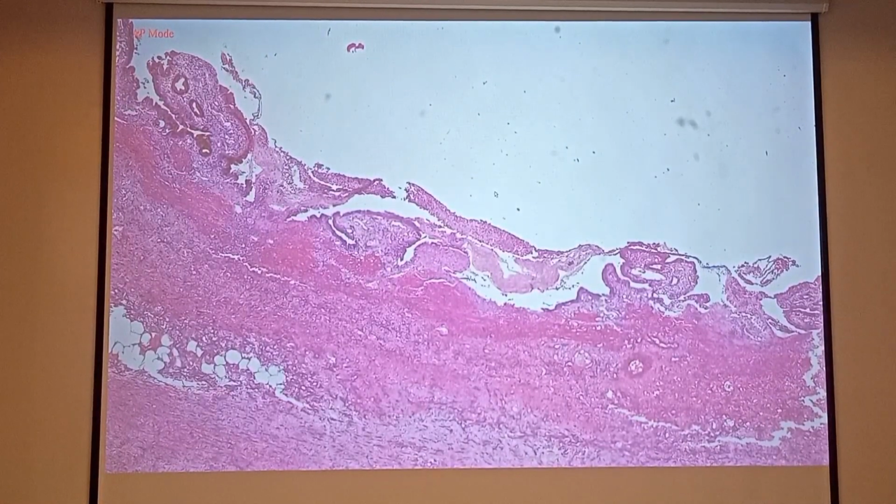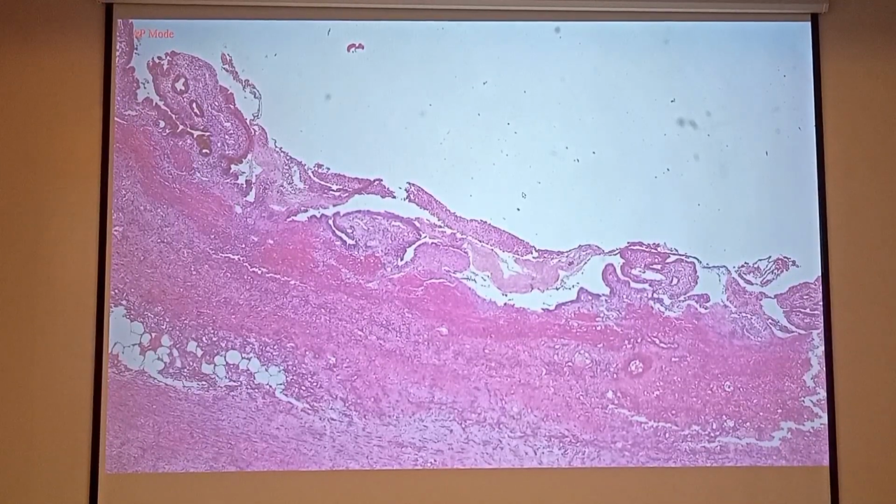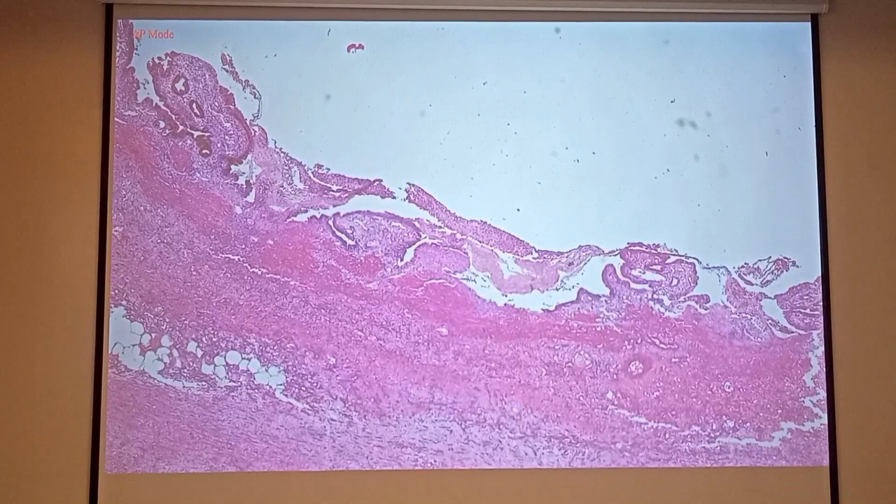So in most cases, what do you think is the cause? Common sense. What do you think? Gallstones, or just stones, or cholelithiasis in medical terms. So the stones here irritate much of the tissue beneath.